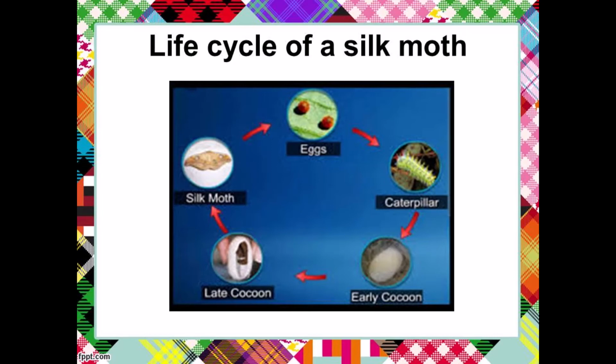When the pupa develops fully, then they form an adult silk moth. Then the cocoon splits up and a beautiful silk moth comes out. Do you know that adult silk moth lives only for few days? So this was the life cycle of silk moth and how a silk moth produces silk fiber.